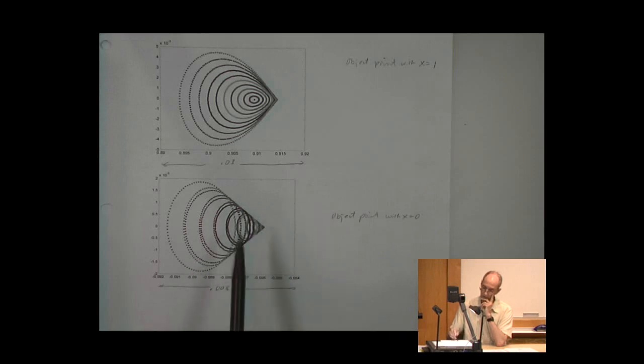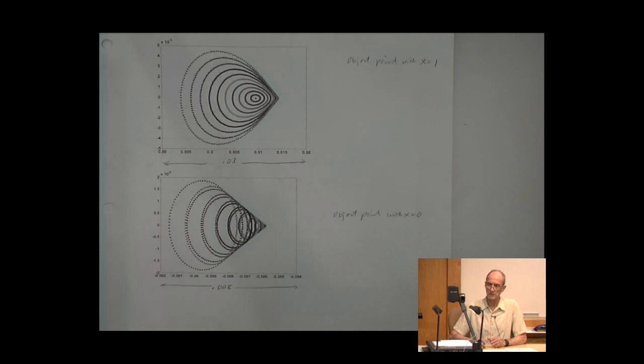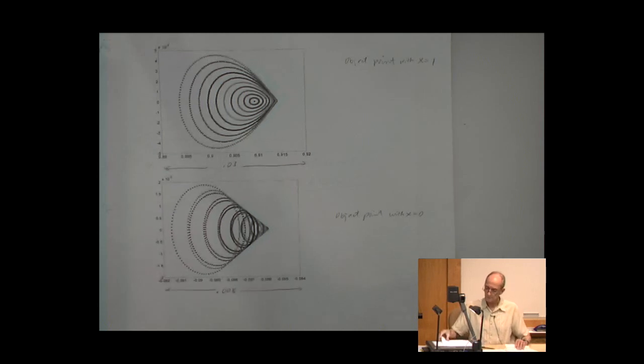You can see this overall distance here is about 0.03, whereas this distance here is about 0.008. So again, a pretty significant drop, almost more than an order of magnitude, in that difference.